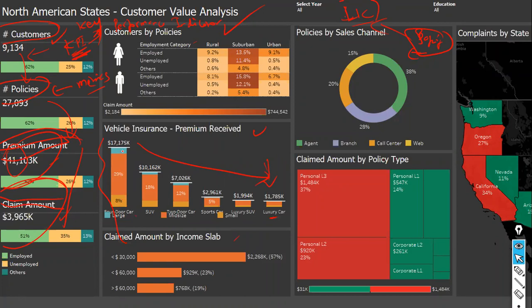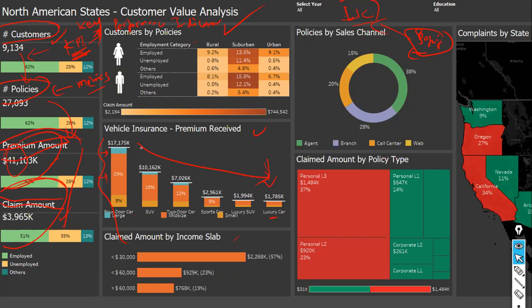In the large size, the premium is not much because the population doesn't prefer very large cars because of traffic conditions. The majority buy medium-size cars, and since the population buys more mid-size cars, obviously the premium is more.